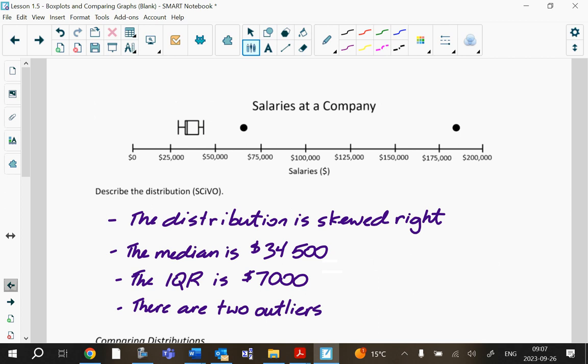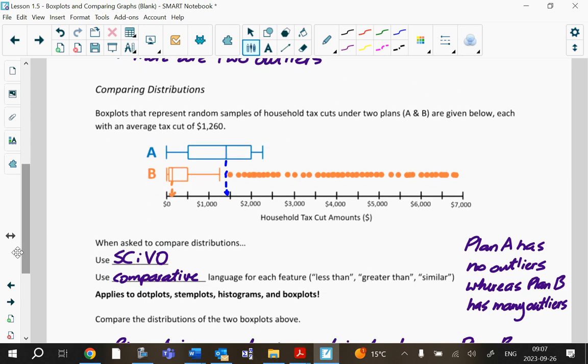Like here we said this was roughly symmetrical. So if it's roughly symmetrical, the median and the mean would be about the same. Here the mean would be slightly lower because there's a slight skew, so it's about 1260.